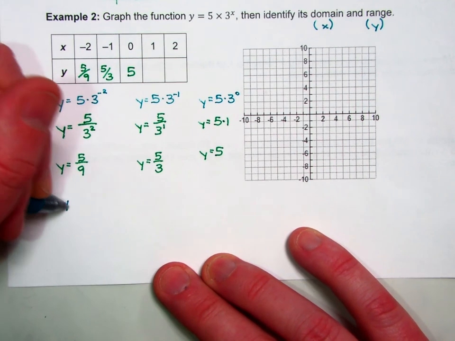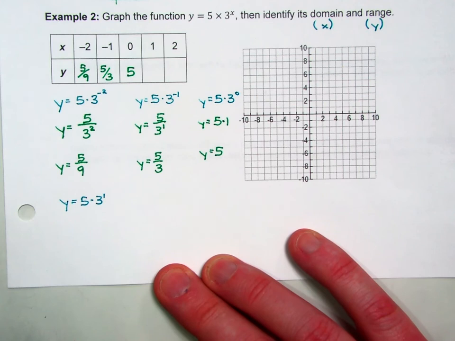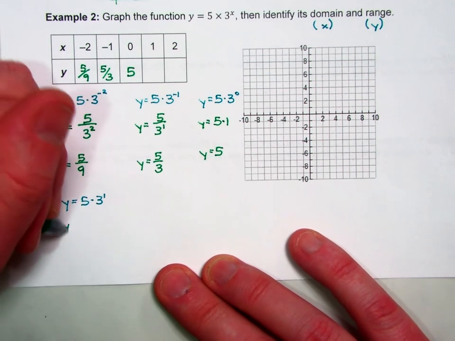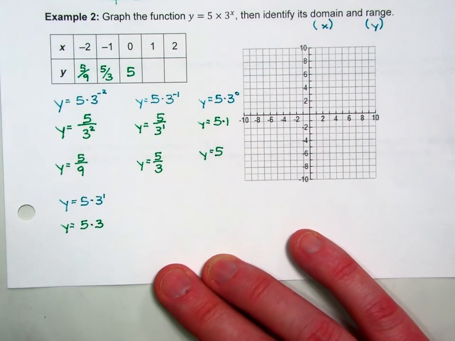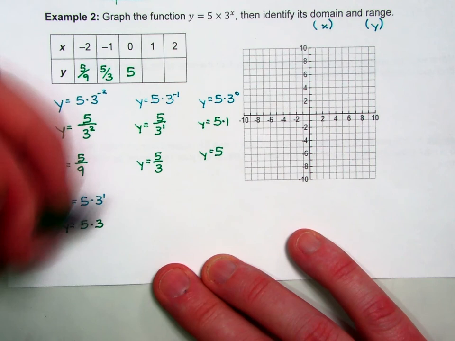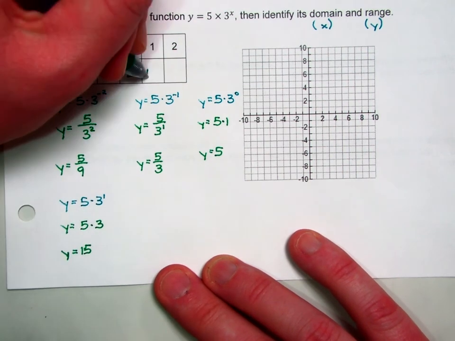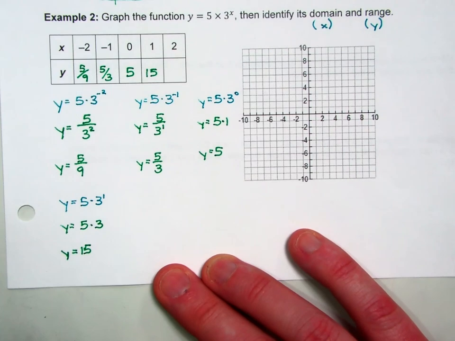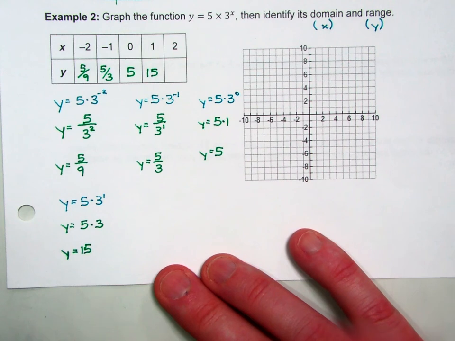Okay, so now we have y equals 5 times 3 to the first power. Okay, no negative exponents in this one, so 3 to the first is just 3. And now we have y is equal to 15. And yes, this is off of my graph. We're going to find out that exponential functions very quickly get off of the graph.